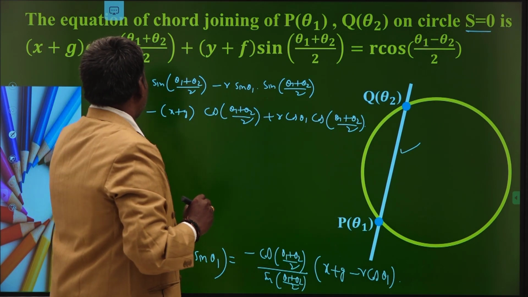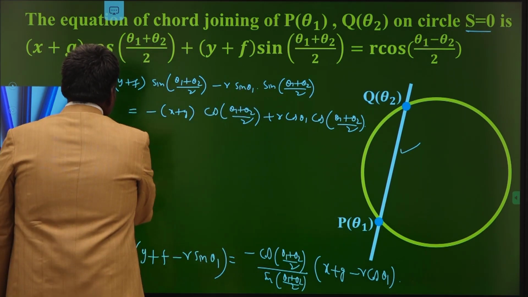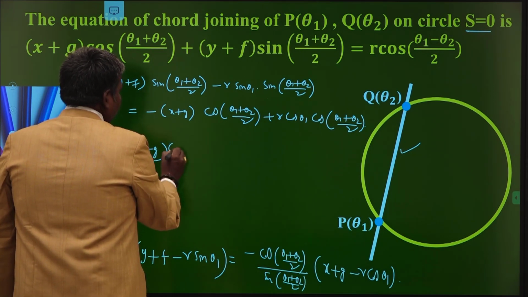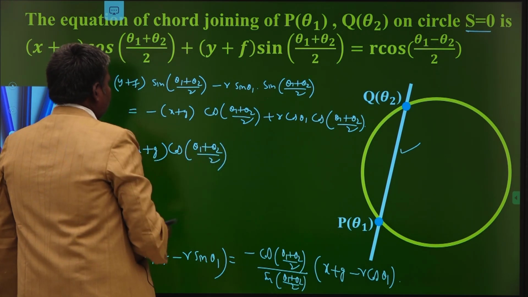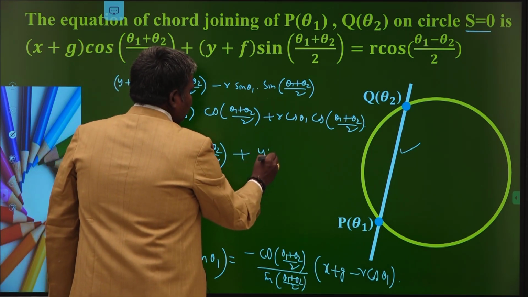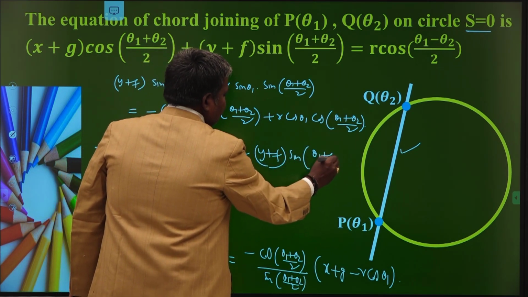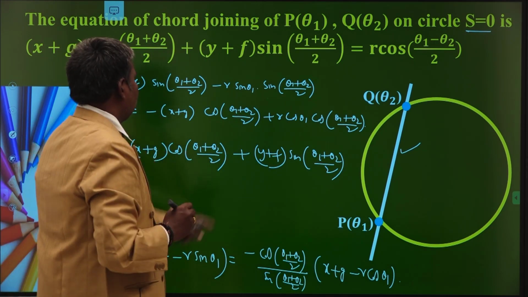Take this minus term to the left side, take this minus term to the right side. What will happen? This can be written as (x + g) cos((θ1+θ2)/2) + (y + f) sin((θ1+θ2)/2) is equal to r.